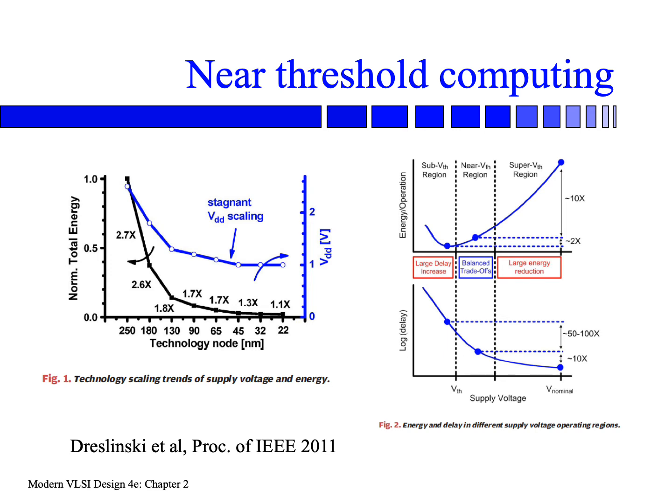There's a reason for that. If you look at the right hand side curves, let's look at energy. If we reduce supply voltage, of course you reduce energy. That's good. But at some point, if you reduce voltage beyond this threshold voltage, energy will actually increase.